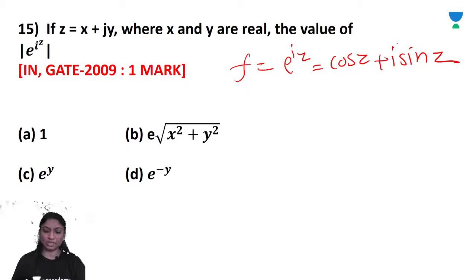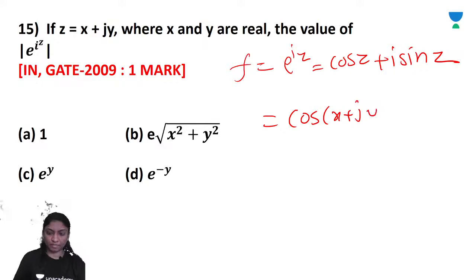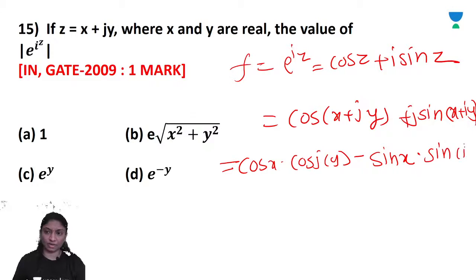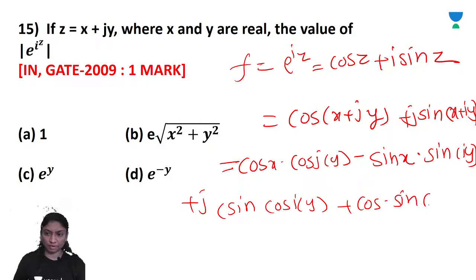Cos z plus i sin z, which is equal to cos of (x plus iy) plus i into sin of (x plus iy), which is equal to cos x into cos iy minus sin x into sin iy, plus i into (sin x cos iy plus cos x sin iy).